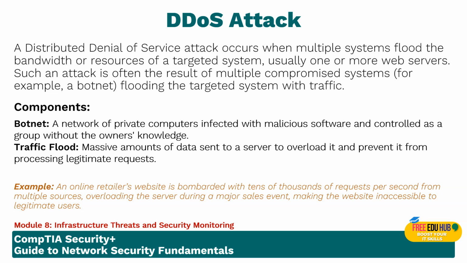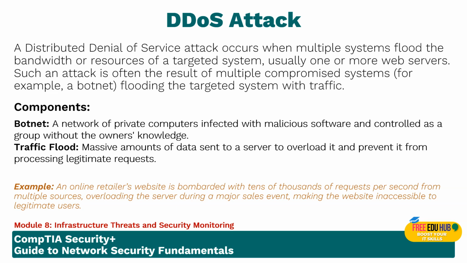Such an attack is often the result of multiple compromised systems, for example a botnet, flooding the targeted system with traffic. The main purpose of a distributed denial of service attack is to disrupt services or make them unavailable by flooding them with excessive traffic from multiple sources.